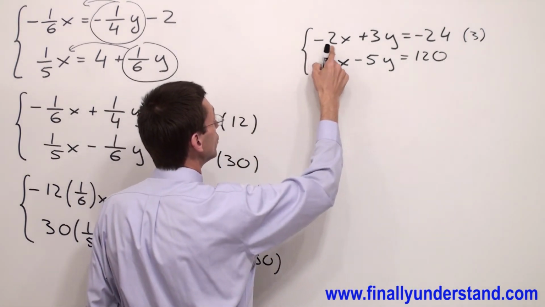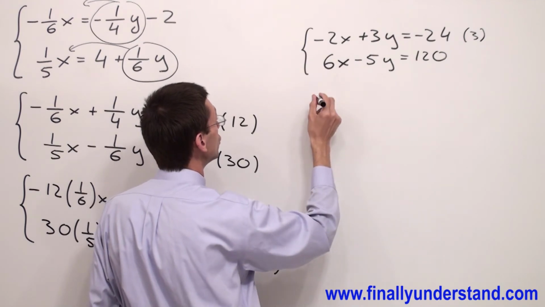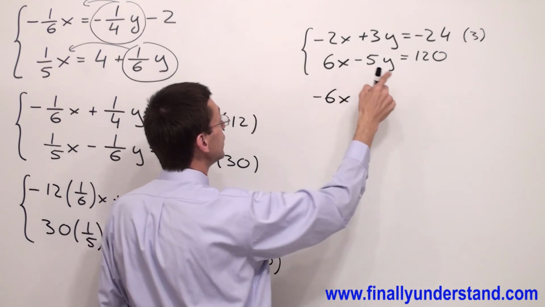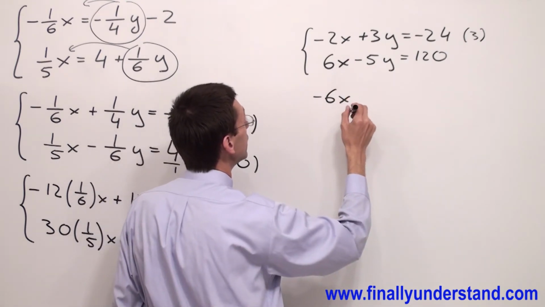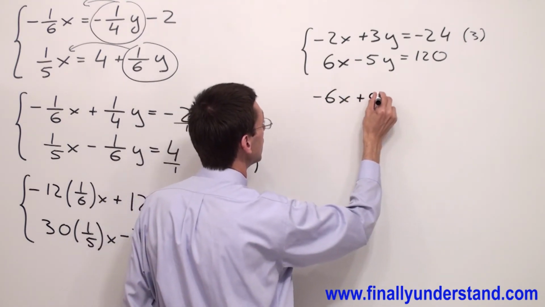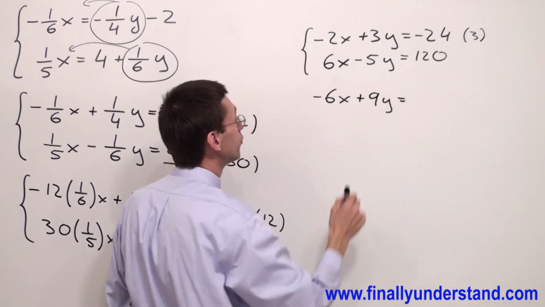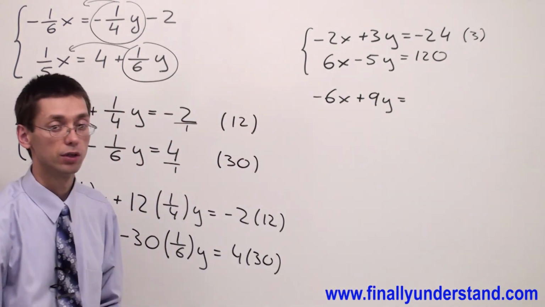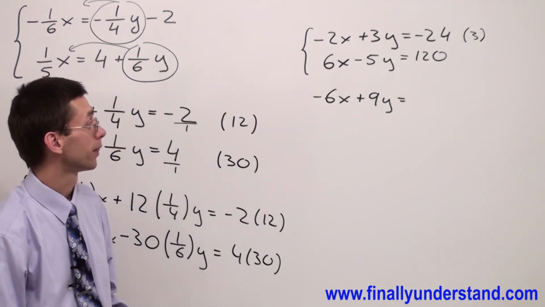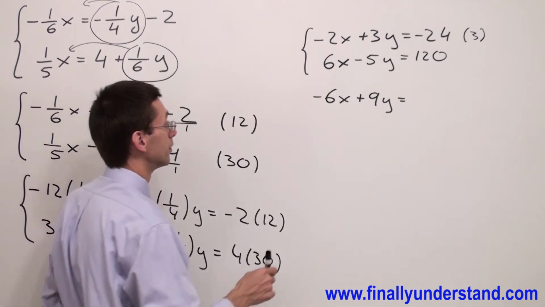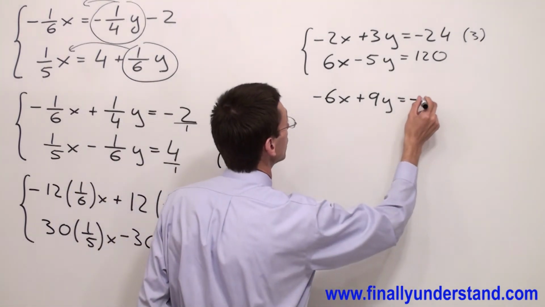Negative 2 times 3 is going to give me negative 6x. 3 times 3 gives me 9y equals negative 24 times 3, which is negative 72.